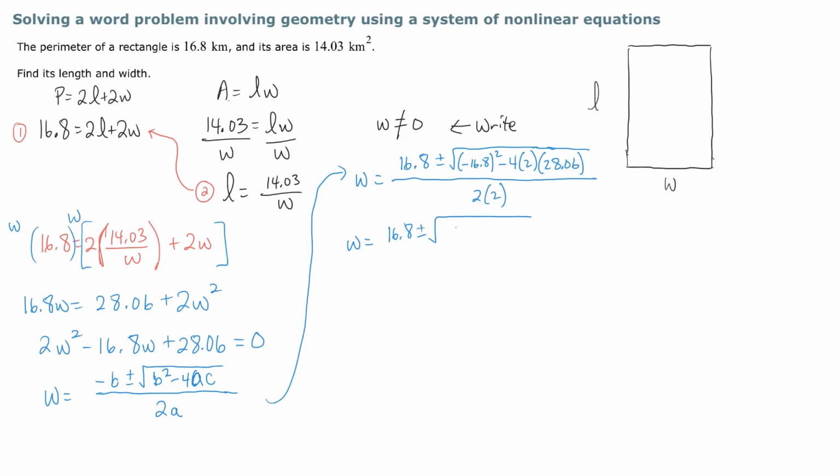And we simply get 5.776 all over 4. Let's take the square root of that, 57.76, and see what happens. That becomes 7.6.